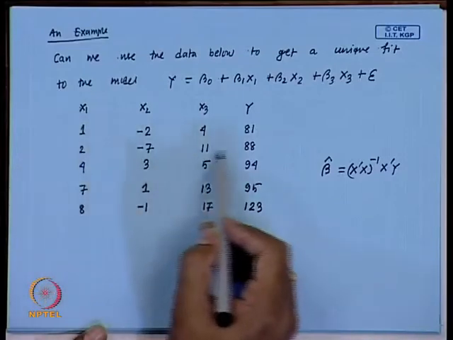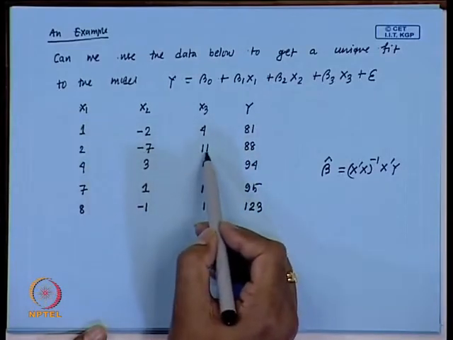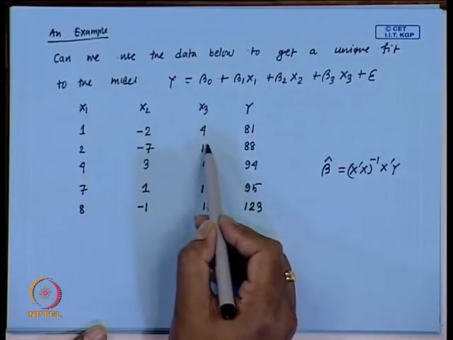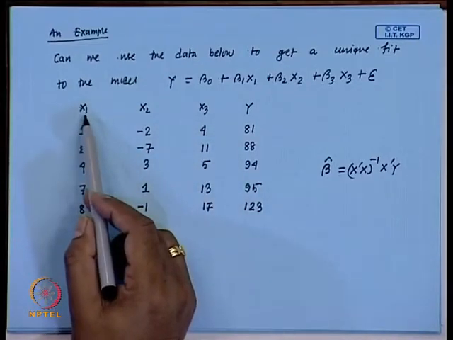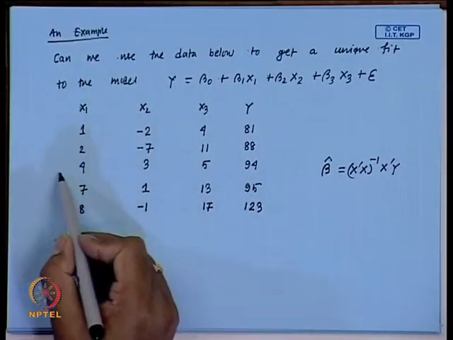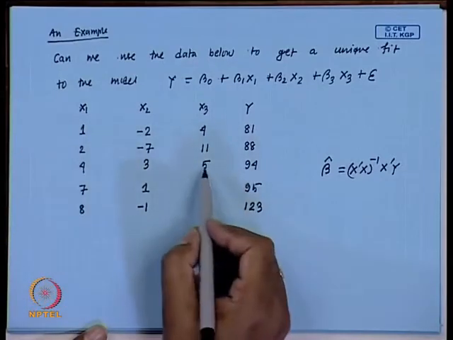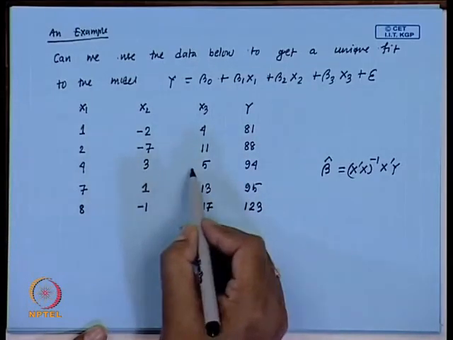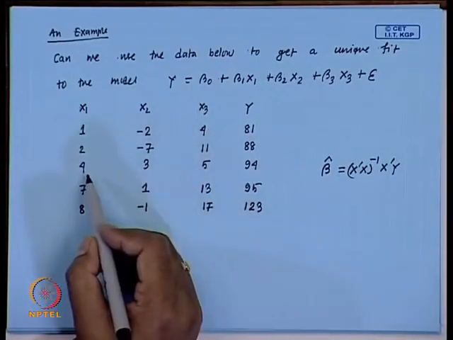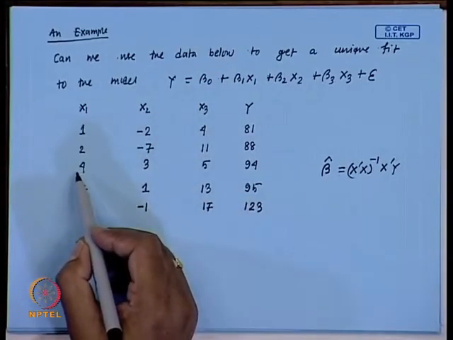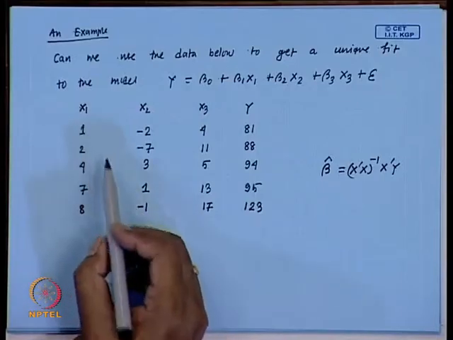Take the second observation, x 2 plus x 3 is equal to 4, which is 2 times x 1. Third observation also, x 2 plus x 3 is equal to 8, which is 2 x 1. Okay.